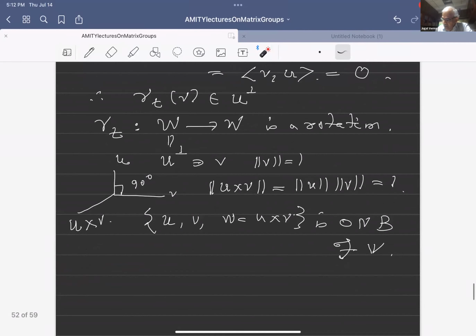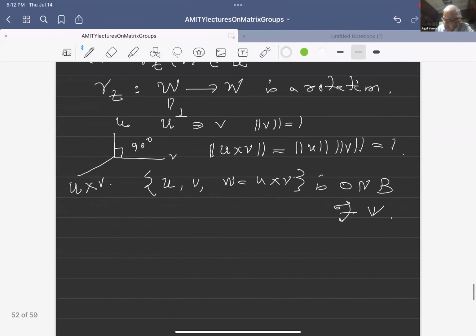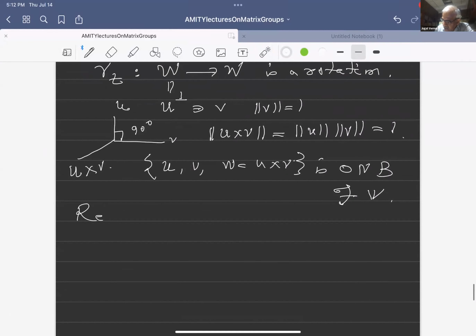Now we want to understand that this gamma t from W to W is an orthogonal transformation and it is a rotation. To do that, we have to make one calculation, and I will leave this as a reading exercise. These are quaternions.